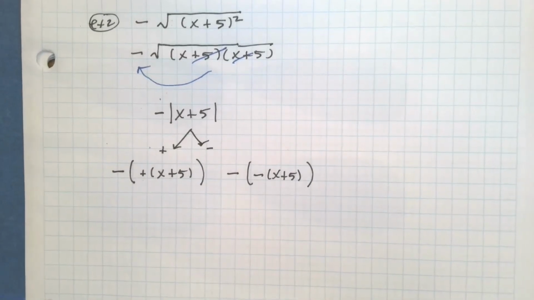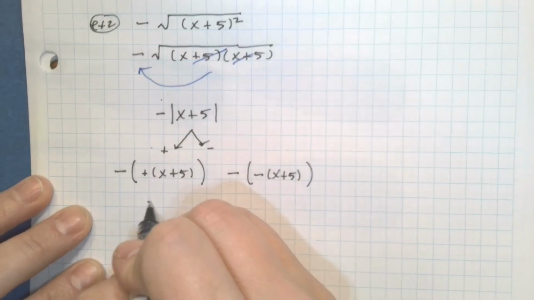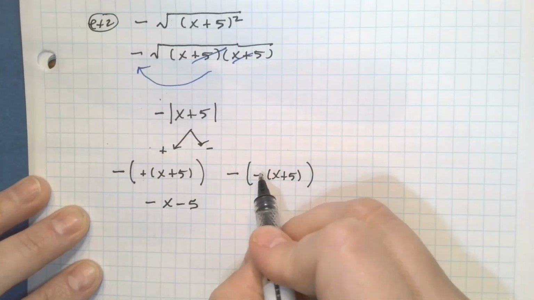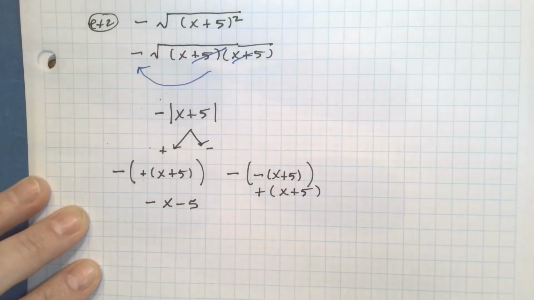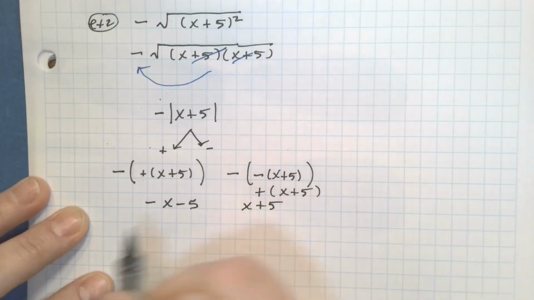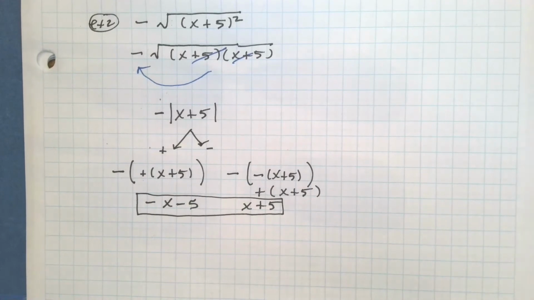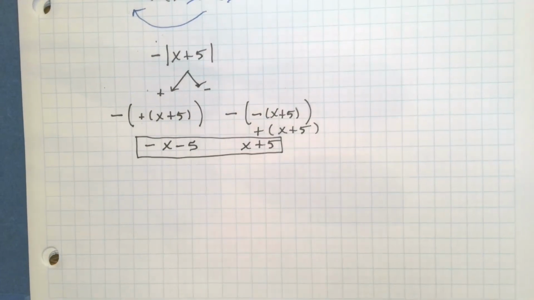And then you just simplify. On this one you would distribute the negative and get negative x minus 5. Here a negative times a negative is actually a positive. So the x plus 5 is unaffected. And those would be your two answers. So be looking at the key or the directions, and they will give you a hint as to which way you're supposed to answer, but be familiar with both.